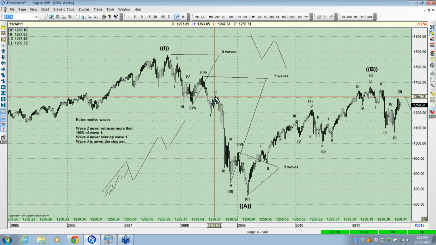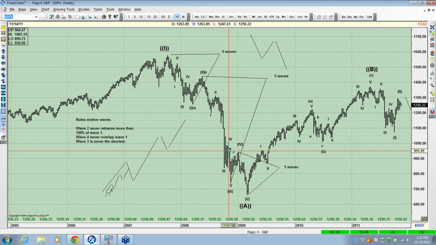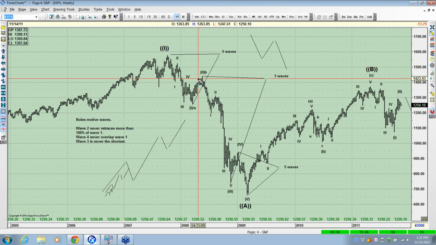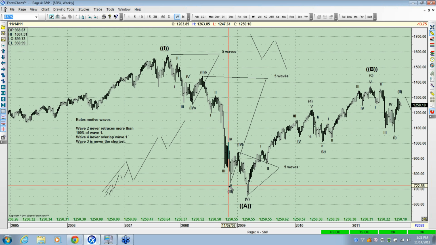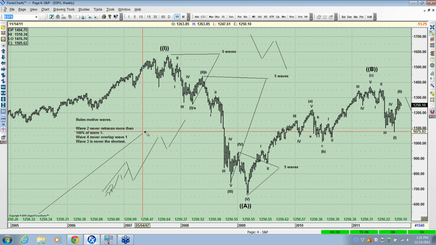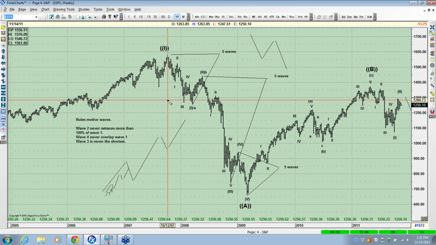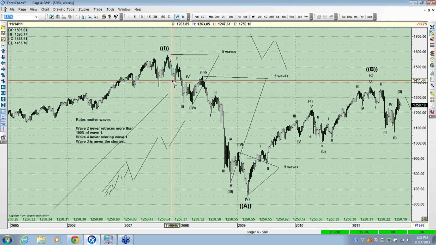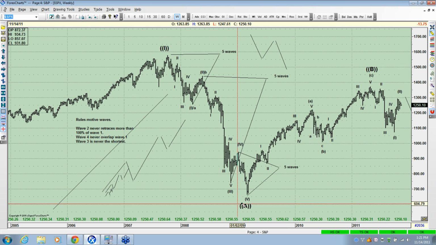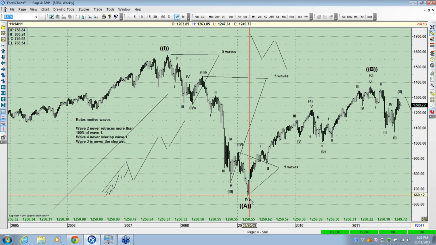Wave 3 is not the shortest one. Usually, wave 3 is the most powerful and longer or extended of the 3 swings. In an impulsive wave, you have 1, 2, 3 swings that run in favor of the trend. Because yes, the trend in the S&P in this cycle can be to the outside, but this move is being labeled as an ABC when you're going to have 5 waves.